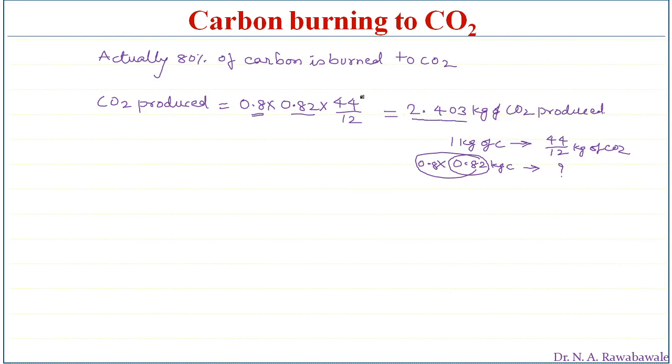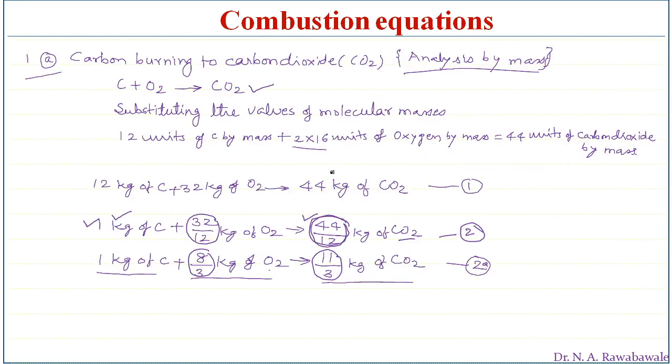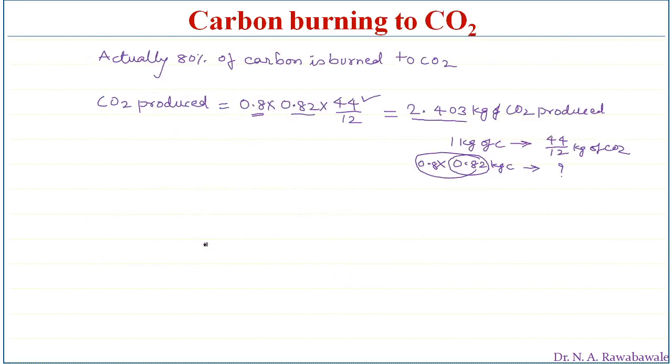This 44 divided by 12 comes from the combustion equation. Carbon dioxide produced is 44 divided by 12 kg if we burn 1 kg completely, and to burn 1 kg of carbon completely we need 32 divided by 12 kg of oxygen.